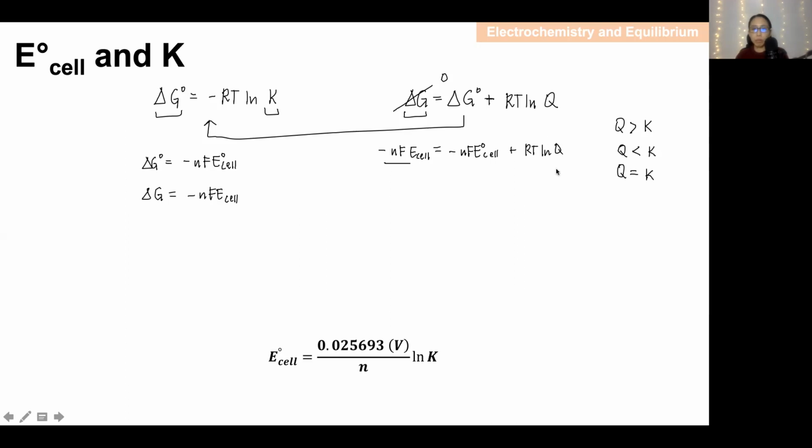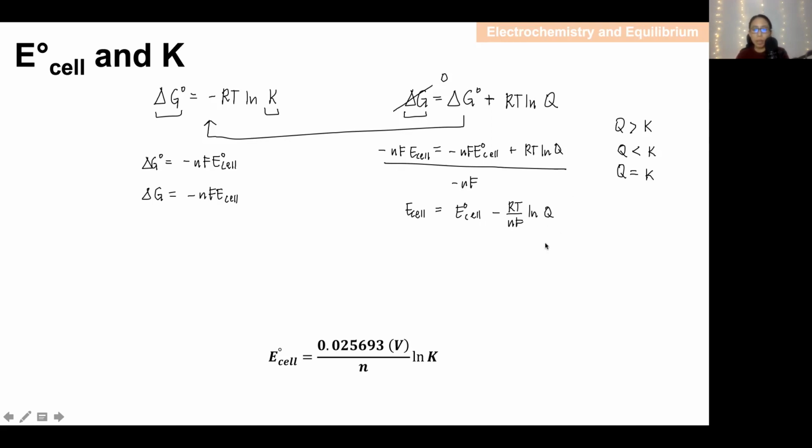And we divide the whole equation by negative nF. So we get E cell equals E naught cell minus RT over nF ln Q. Okay, so we have this relationship of cell potential with equilibrium.